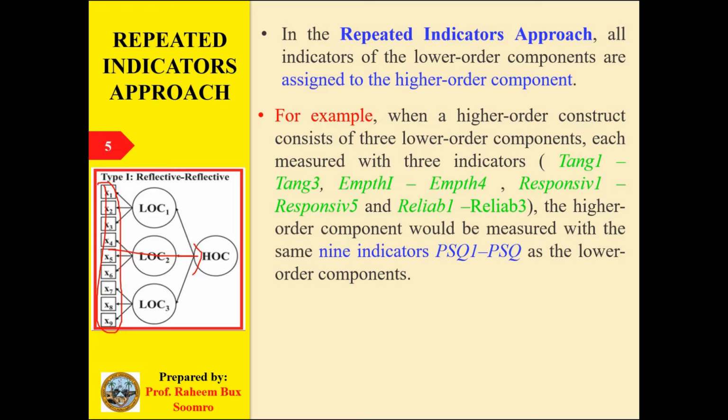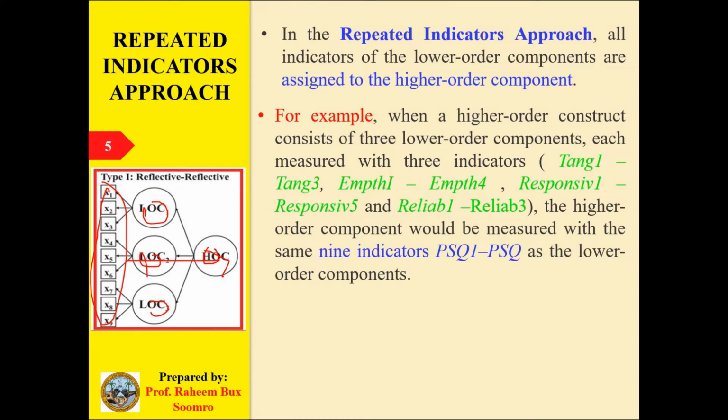This is the simple job we have to perform in the repeated indicator approach. For example, when the higher order construct consists of three lower order components, we assign all these items to this one.